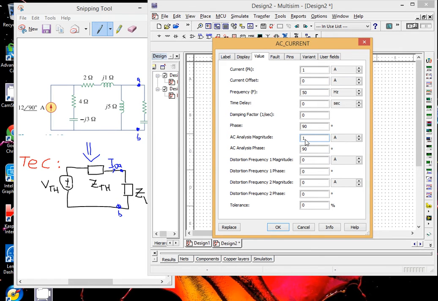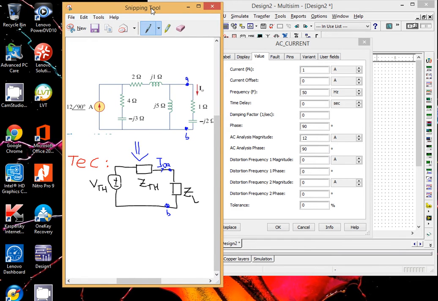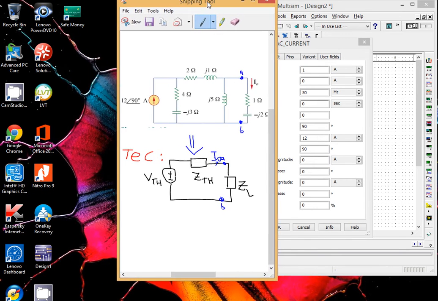Normally the question is given in RMS value, so you can just enter here as 12. Okay, and for peak value you need to calculate the peak value using the RMS.